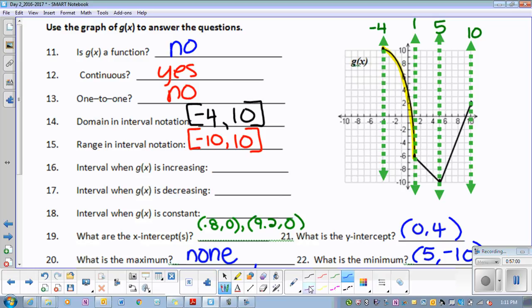Good. So here is decreasing. Do you see what I'm doing? Okay. So then, now look at what this interval is doing from 1 to 5. Remember, always from left to right. What is this doing? Down. That one's decreasing as well. Okay.